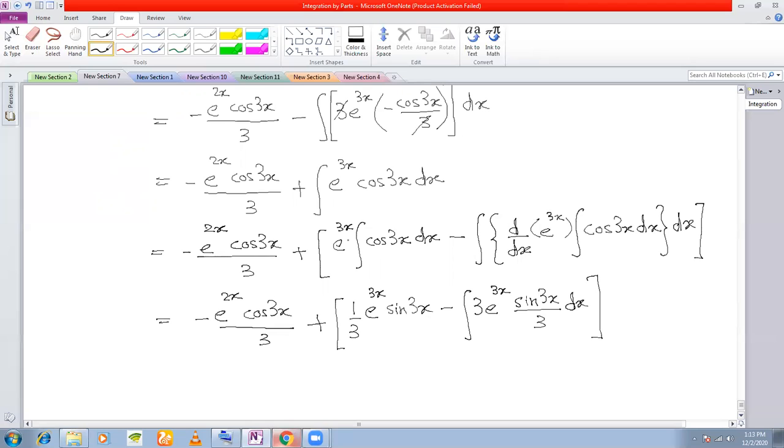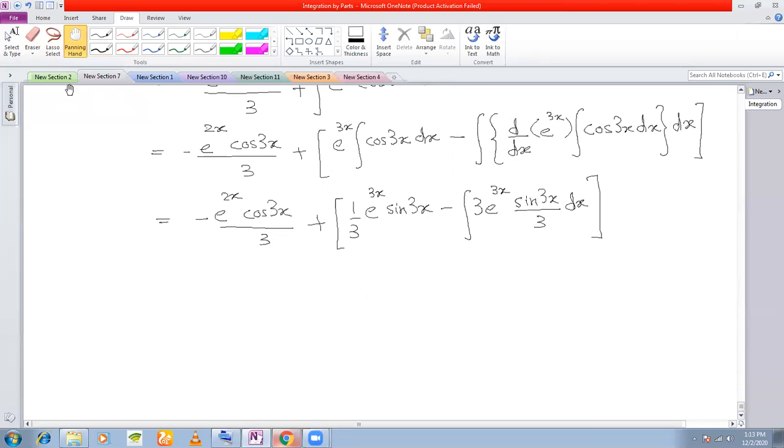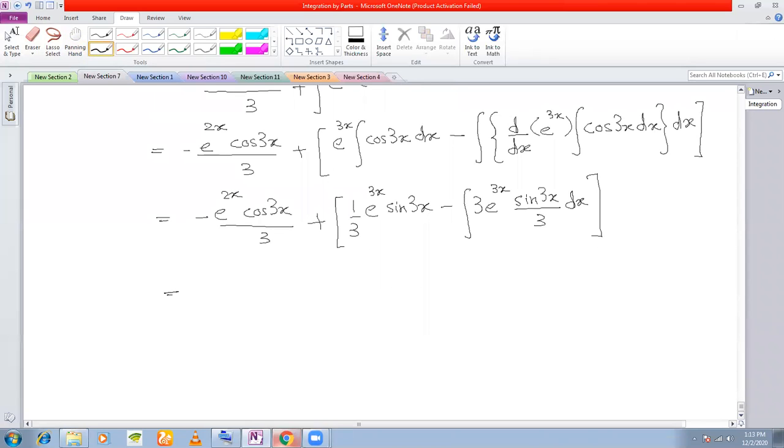Can you see the interesting pattern here? See, and now tell me. This 3 will cancel.